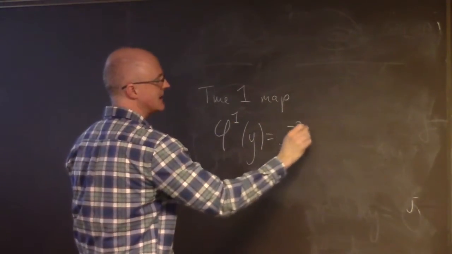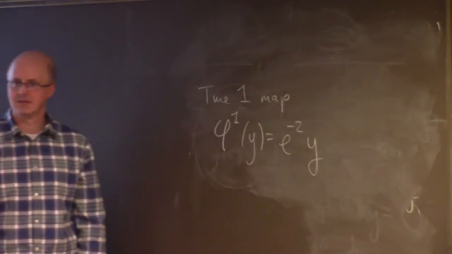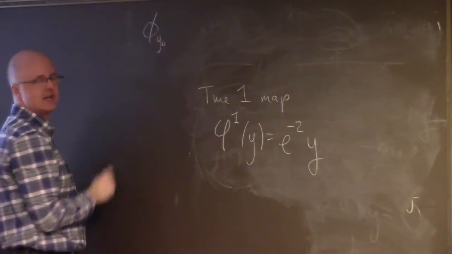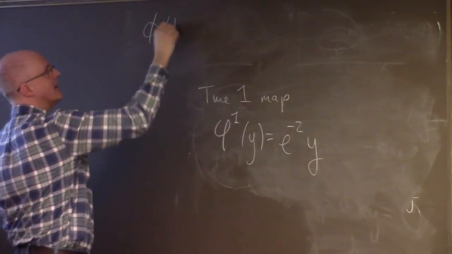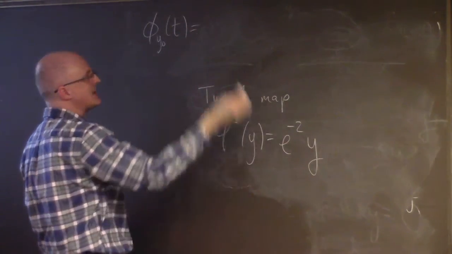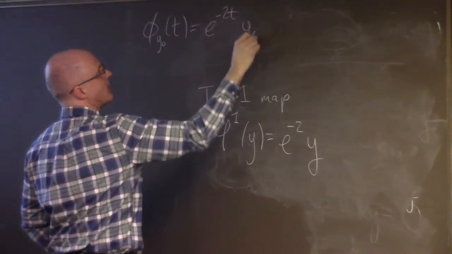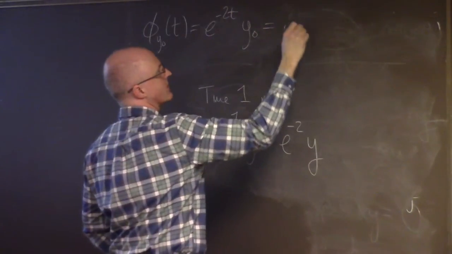In this case, it's that. Remember, the solution, written in terms of an initial value of y, y0, has the same exact formula as up on the screen there, except we replace the y with y0, and we typically put it in front as well.